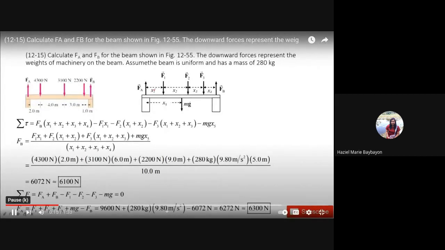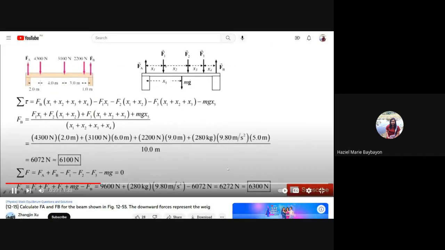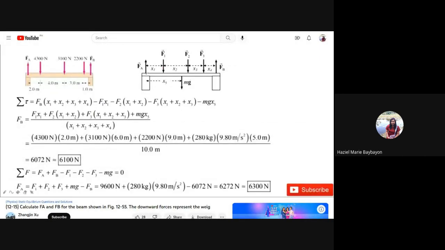Static balanced. In order to make the system balanced, we must satisfy two requirements. Net force is zero, net torque is zero. Now we look at these systems. We need to make sure it is balanced, so net torque is zero. We look at this picture. So we consider this is the rotation axis, right? So the torque for it, first one FB, so FB times the distance from the rotation axis, x1 plus x2 plus x3 plus x4.